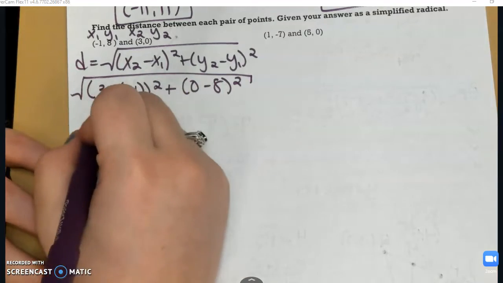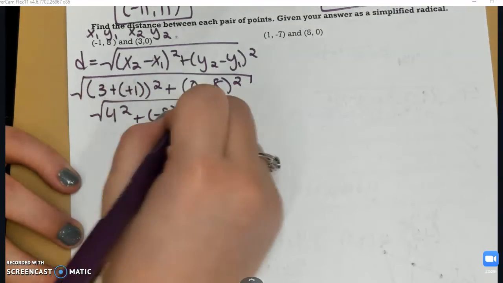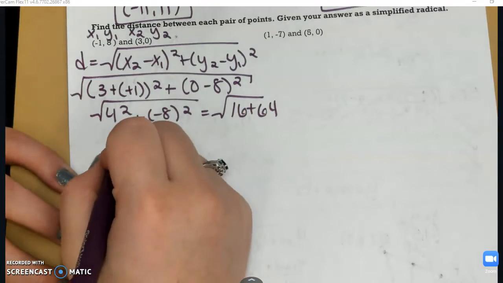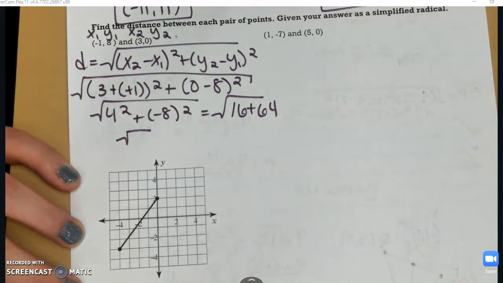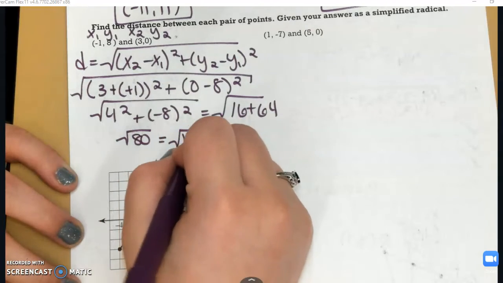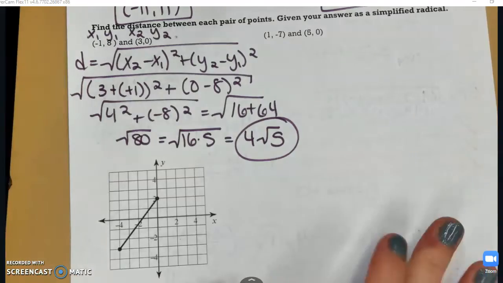That becomes plus, so 4 squared plus negative 8 squared. That is 16 plus 64, which is 80. This can be simplified, 16 times 5, so 4 square root of 5.